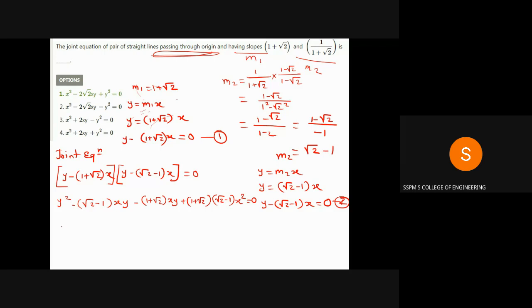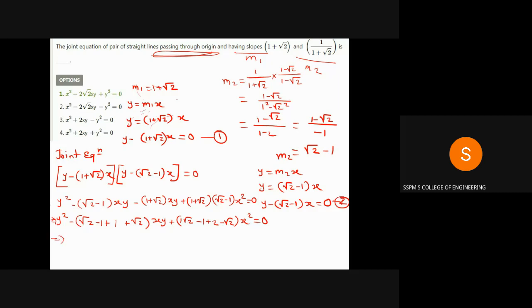Then if we solve this, we will get y square minus [(root 2 minus 1) plus (1 plus root 2)]xy plus [1 root 2 minus 1 plus 2 minus root 2]x square is equal to 0. We just simplify this previous step.